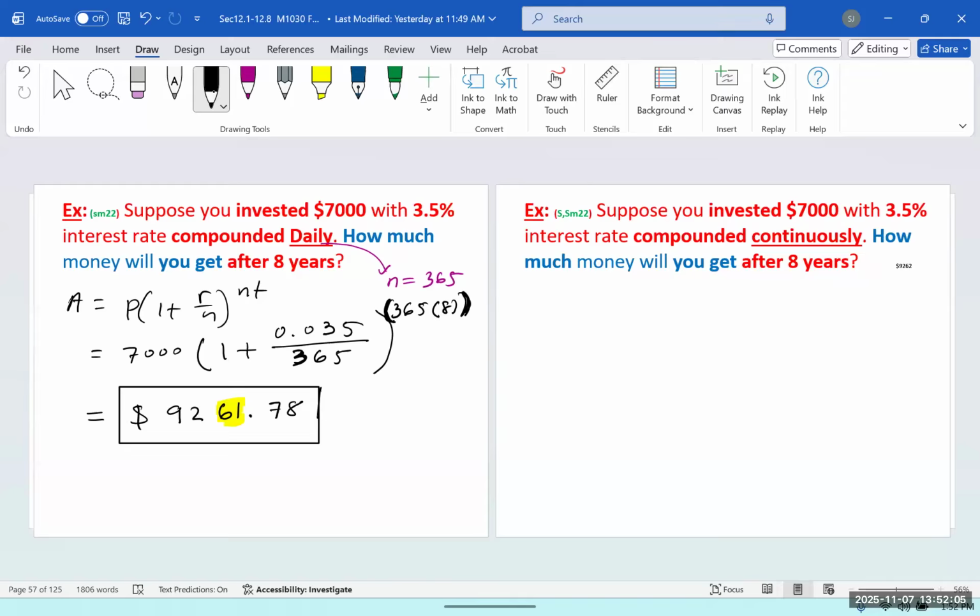If you're doing something continuously, which formula are you supposed to use? The Pert formula. There is no n here. We cannot assign a number to n. So this time our formula suddenly changed to A equals P times e to the power rt. So 7,000 principal, e to the power 0.035 times 8 years. Now find out how much this is.